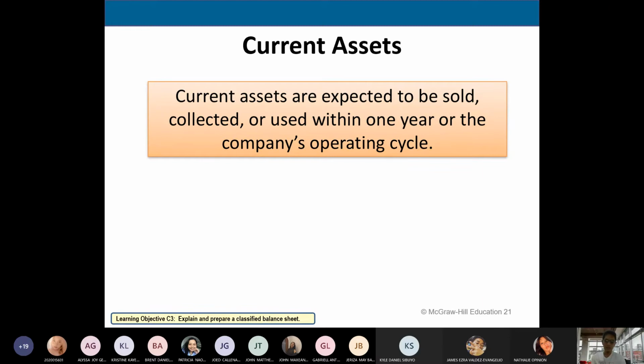Ang classification natin dun pag ganun, for us to determine which are current from non-current, ang basis natin would be within 1 year or the company's normal operating cycle, whichever is longer. Assuming ang company's operating cycle is not 12 months, no? Whichever is longer tayo.